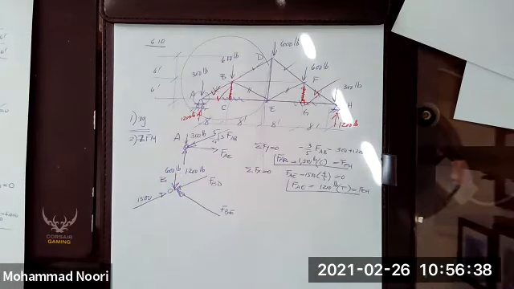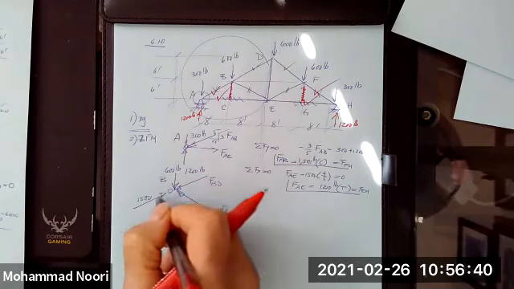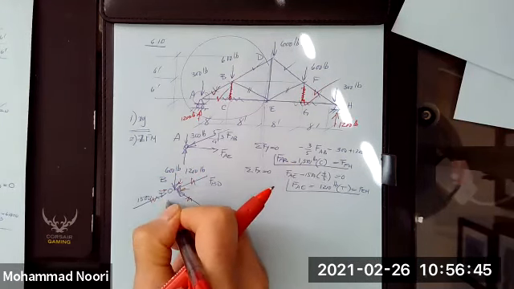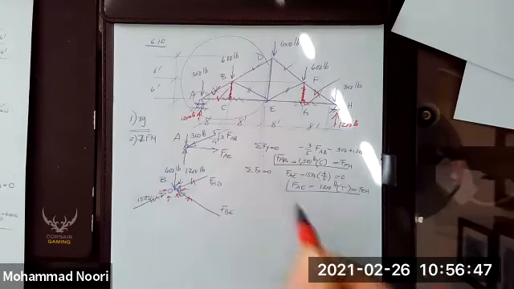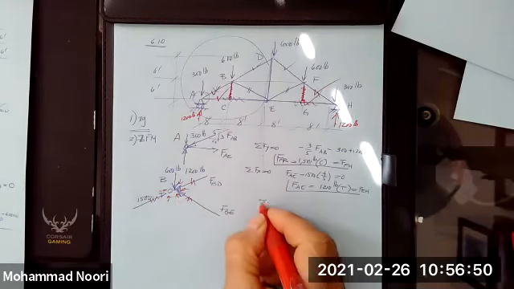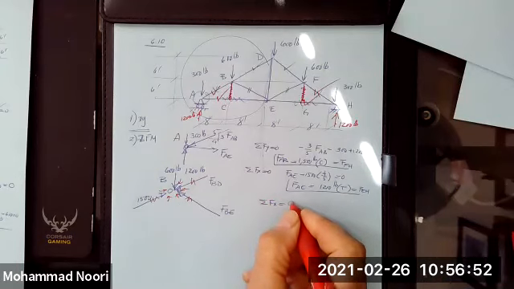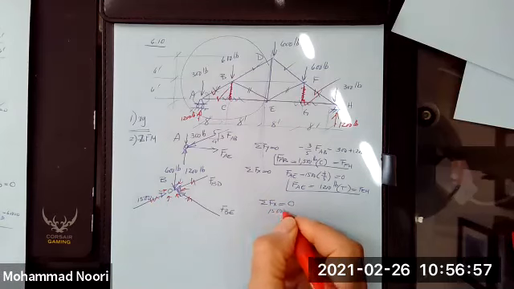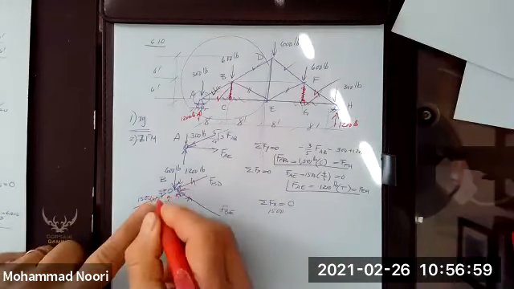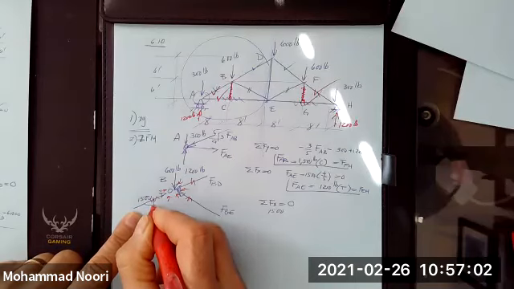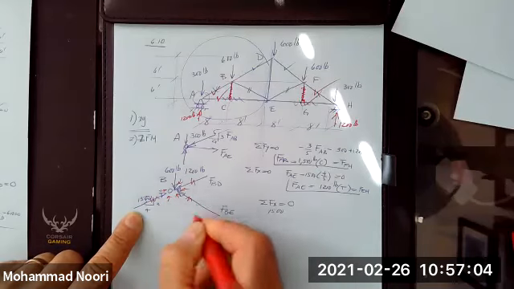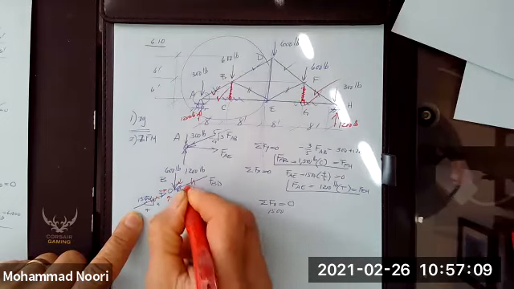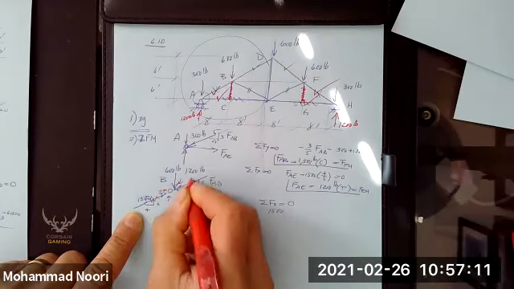If you resolve again all these forces into their components and write equations of equilibrium, if you write the summation of forces along X, you have 1,500, this force, its component. Remember, this is 3, 4, 5. These are also 3, 4, 5, and this is 3, 4, 5.